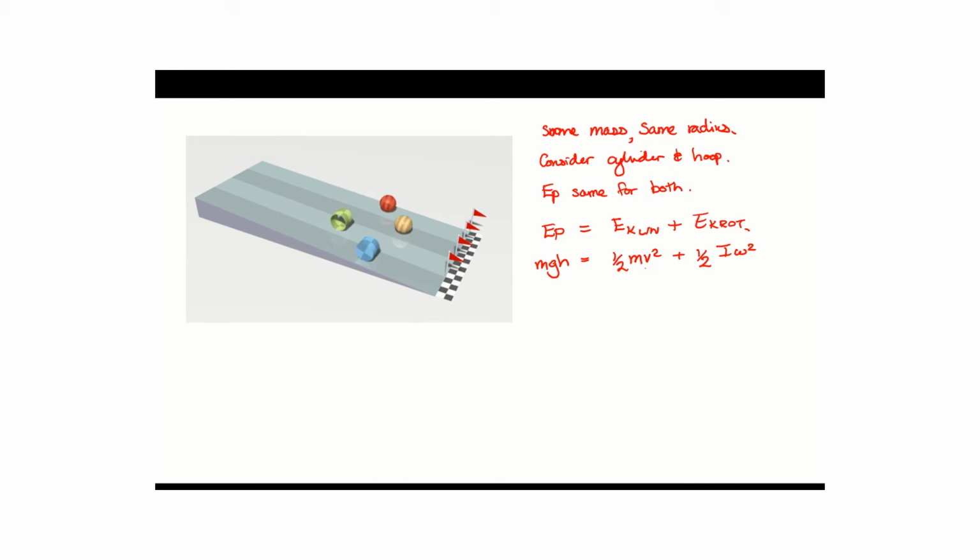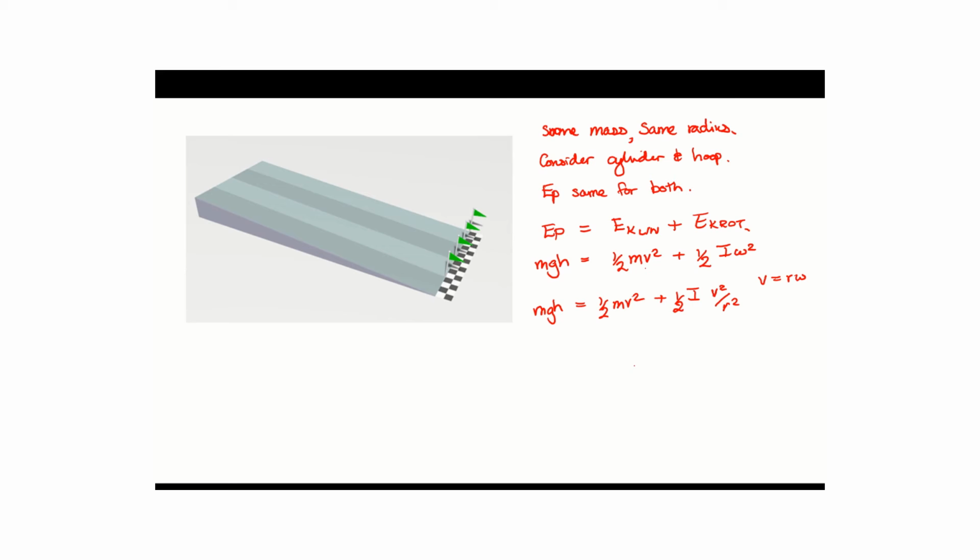Now omega is linked to V, as we said, V equals R omega. So if we put V in instead of the omega and rearrange, we get MGH equals a half mv squared plus a half I, and putting V over R instead of omega, we've got V squared over R squared.